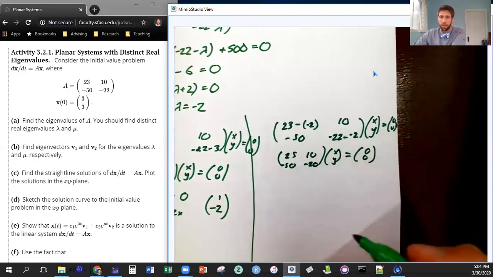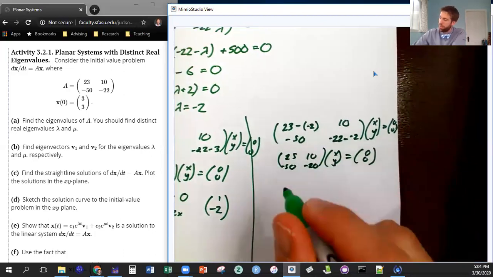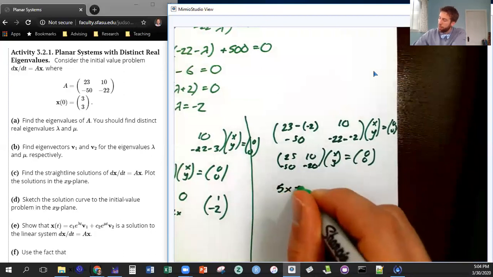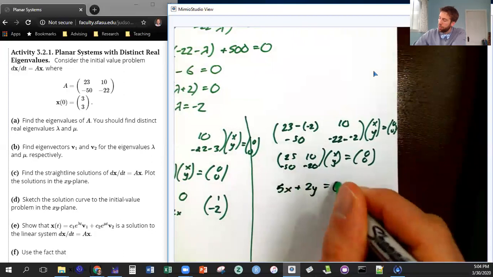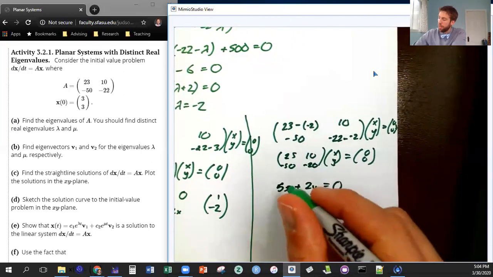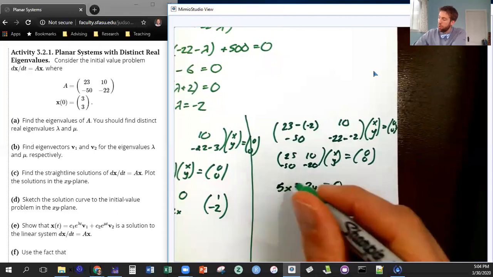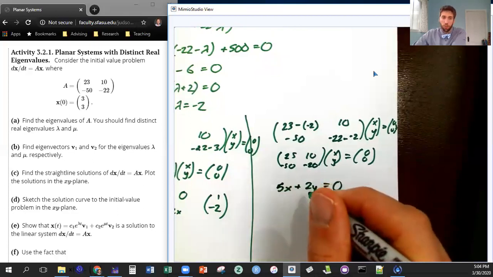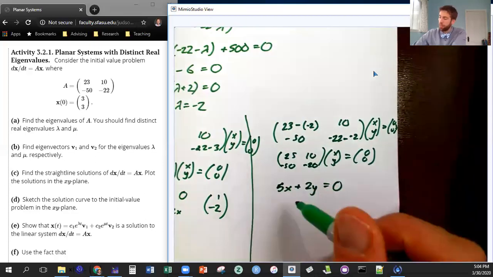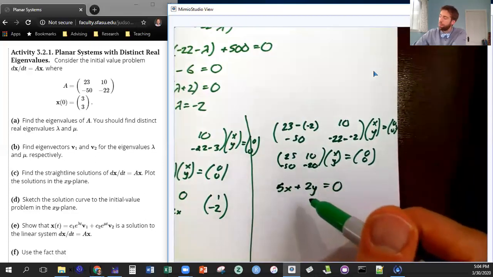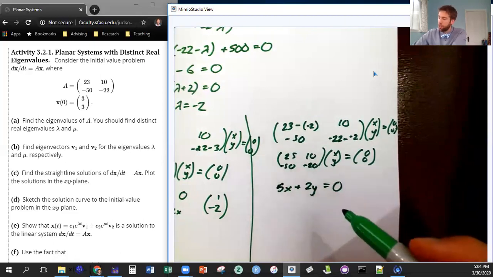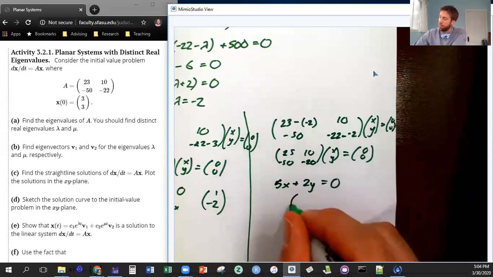My favorite one is one of the positive numbers. I can divide it by 5. So 5x plus 2y equals 0. So x could be 2, y could be negative 5. There's an infinite number of solutions for this because it's basically like a line. But one of the nicer solutions is when x is 2 and y is negative 5.